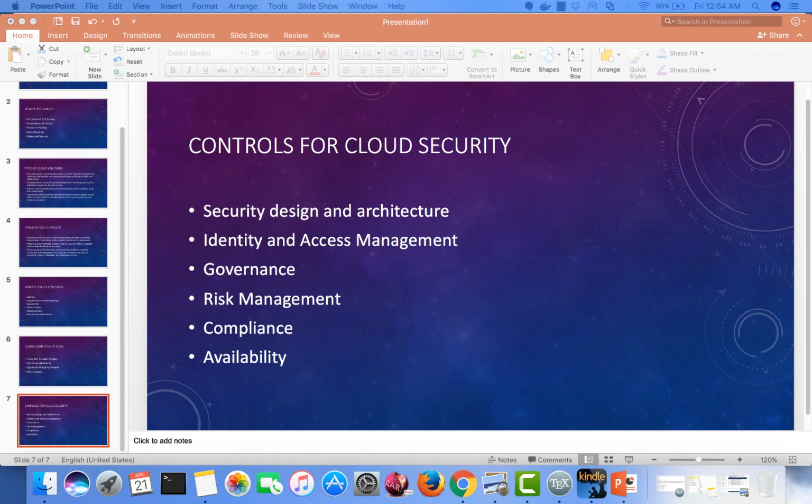Risk management. Vulnerability assessments go along with it. Organizations looking to place their information, services, or applications in the cloud need to ensure that they closely examine and assess the level of risk they're taking on by putting their stuff out there.